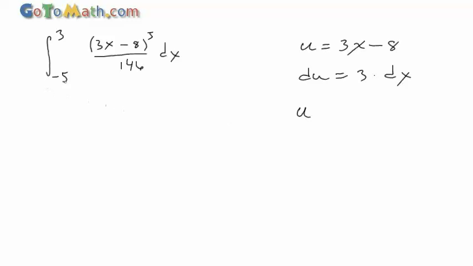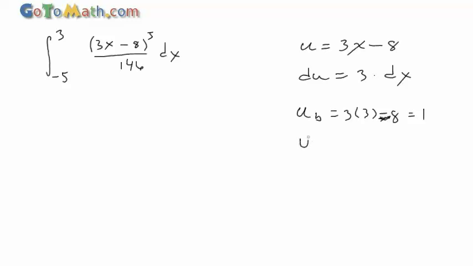Now I'm going to let u of b be this guy up here. So we look at the u here and plug 3 directly in. So we got 3 times 3 minus 8, which becomes 9 minus 8.